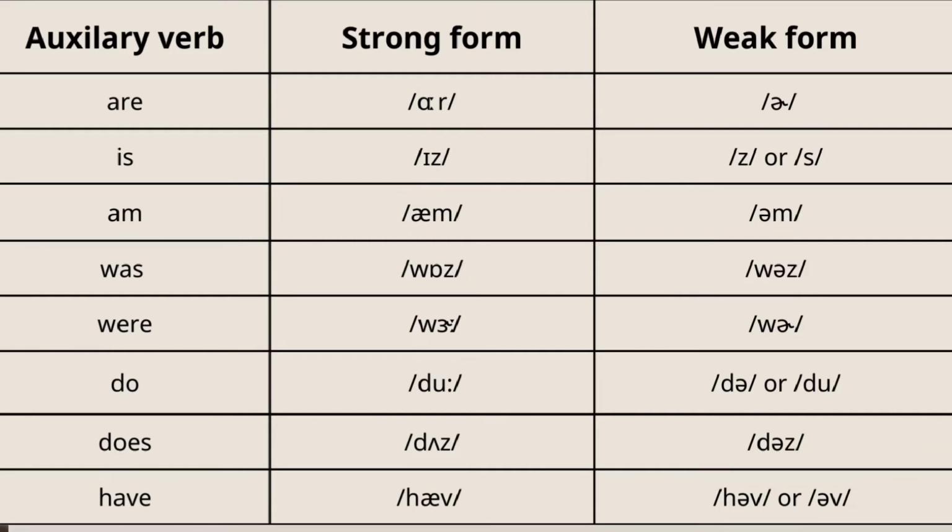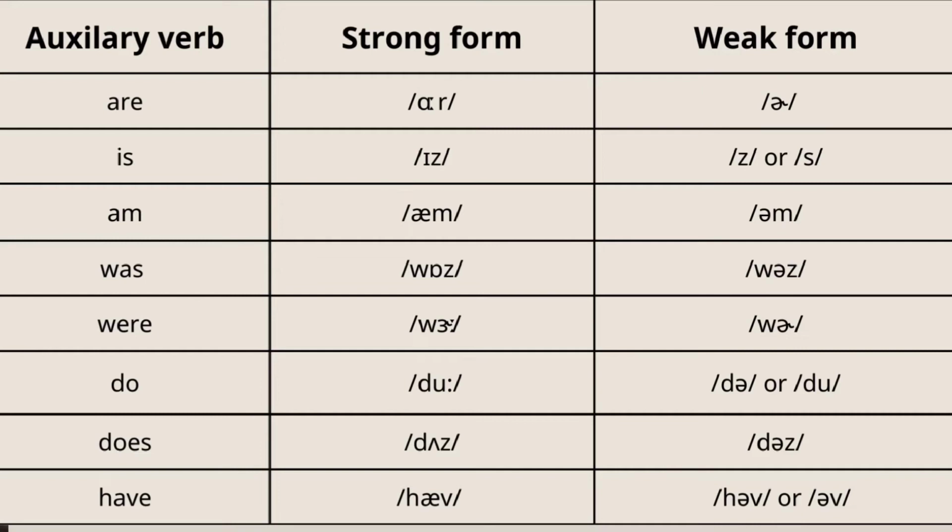For strong form and for weak form. Was for strong and wuz for weak. Were for strong and wer for weak.